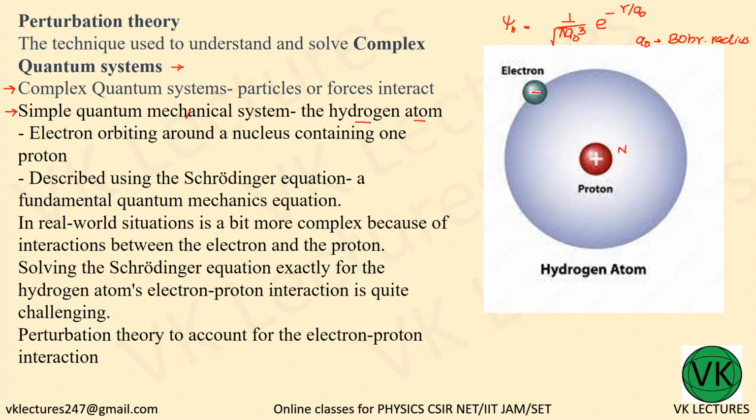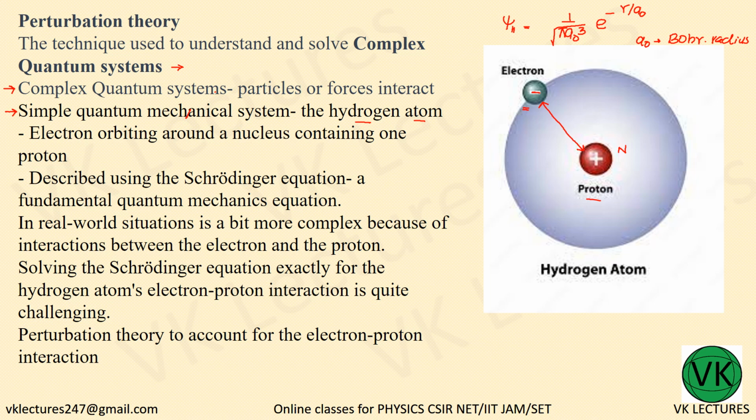Now, in reality, the quantum mechanical system that we have taken, the hydrogen atom, is not as simple, because it not only consists of an electron but also a proton, and this electron and proton interact because of many forces.